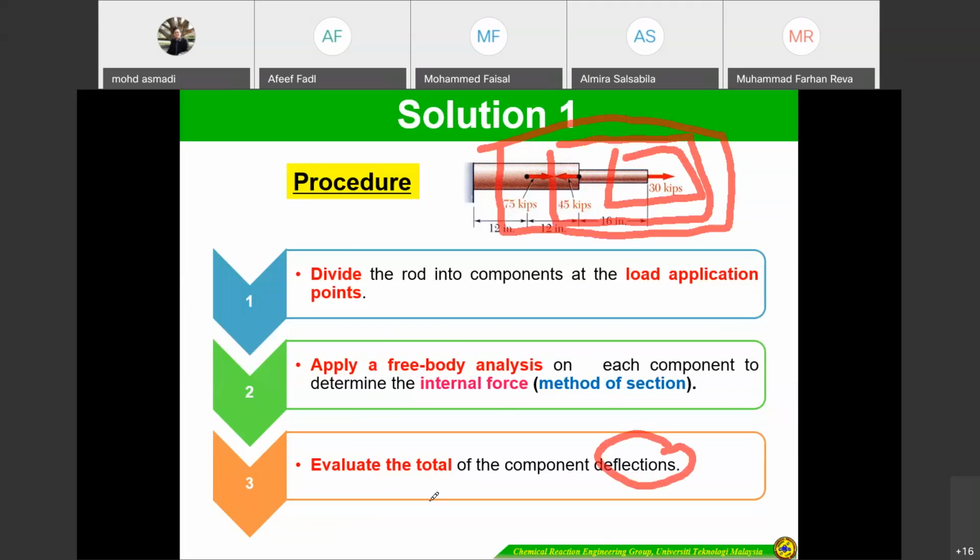So the total deflection summation equals sigma of Pi Li divided by Ai for each, and divided by E. Since E is the same, the modulus of Young for the steel rod, same material, only different in cross section as well as load given.